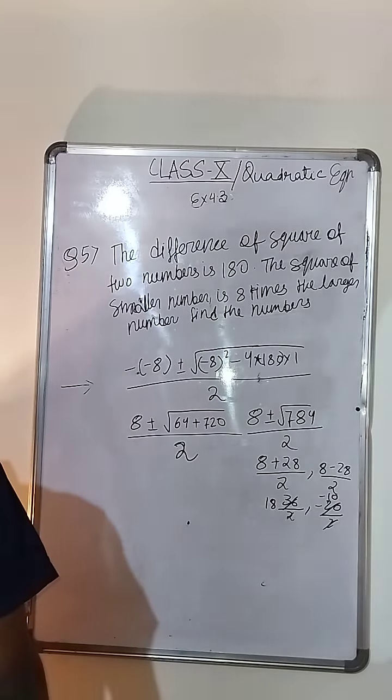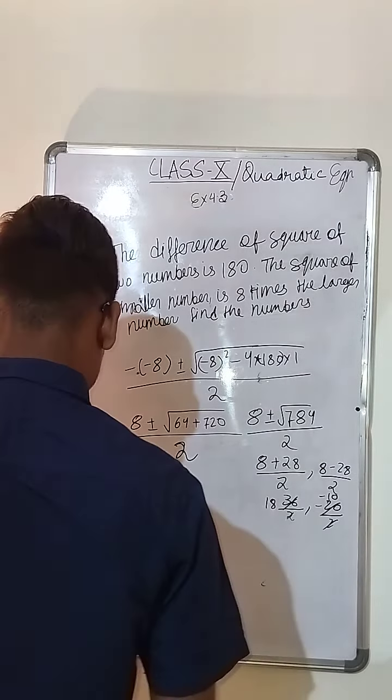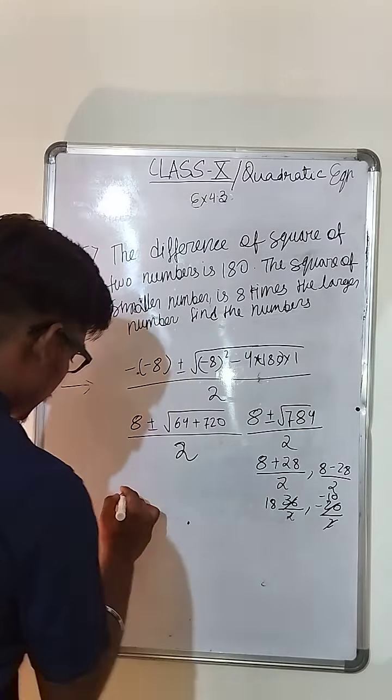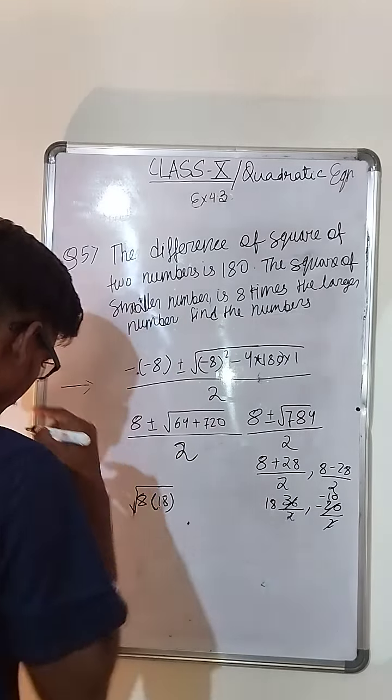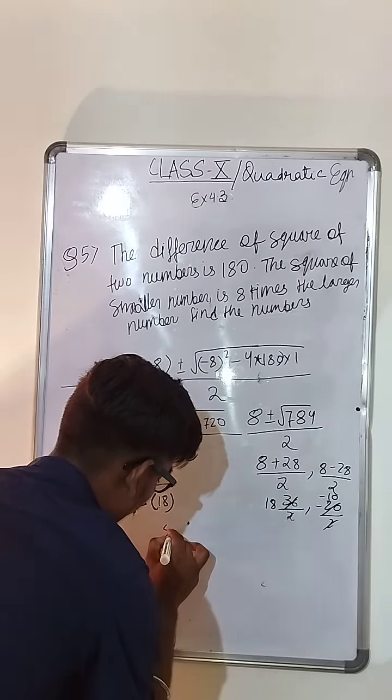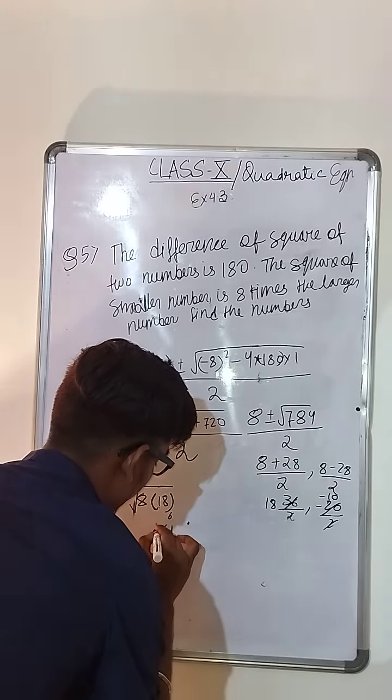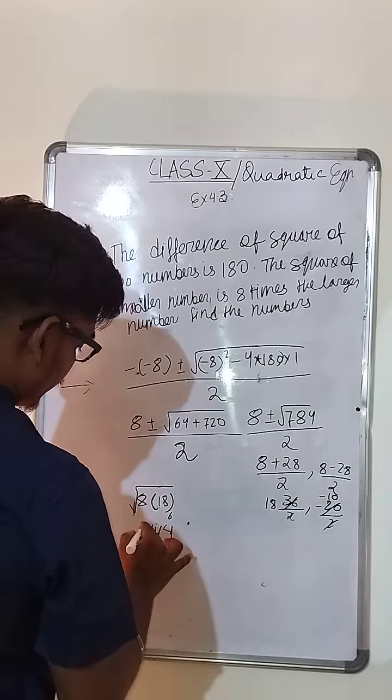Okay, so the smaller number will become root of 18 into 8, so it will become root 144, and that will become 12.